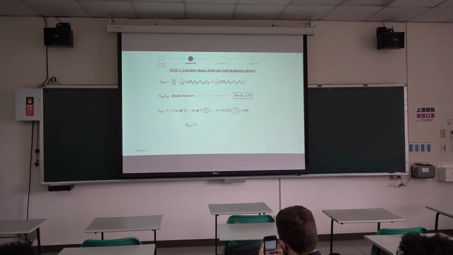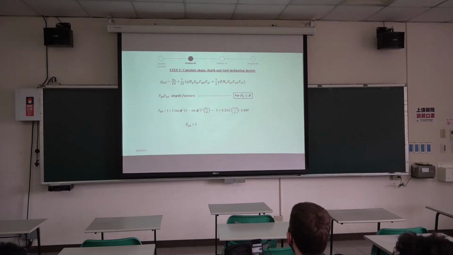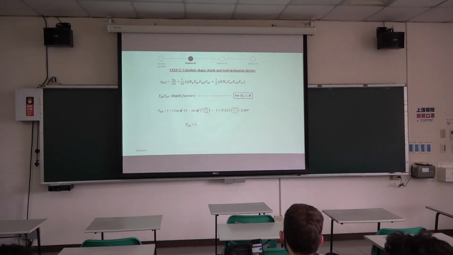For our case, the depth of embedment is 1.5, and the width of the foundation is 2. I think that falls within this criteria: the depth of embedment is less than the width. So from that, we use these equations, okay?